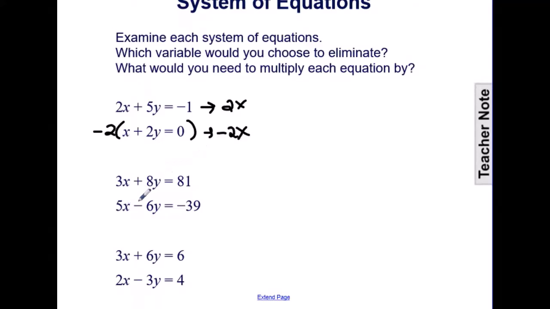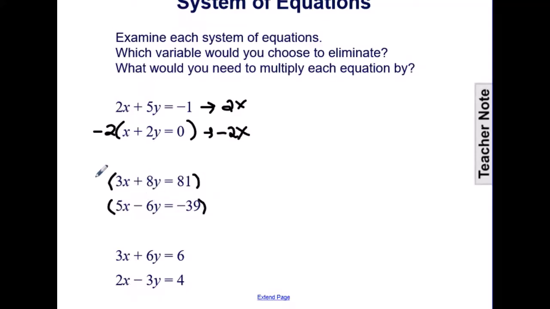In the second system, I have 3x and 5x, 8y and negative 6y. What I notice here is that the y variables would be best to eliminate because I have a positive coefficient and a negative coefficient. So I still need to multiply both equations. Think, 8 and 6 both have a common multiple of 24.